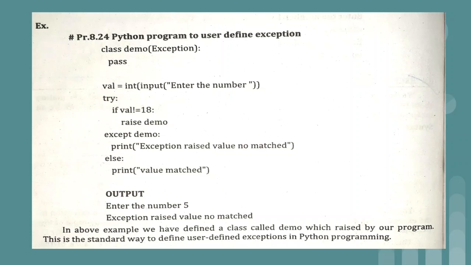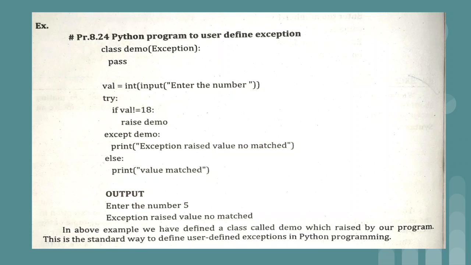Demo is not an inbuilt exception, because in the last lecture we already saw all the inbuilt exception classes which are present in Python. So Demo is not an inbuilt exception class; we have created that particular class, right? So we have used except Demo, then print in round brackets, we have printed some sentence, and after that we have the else part.